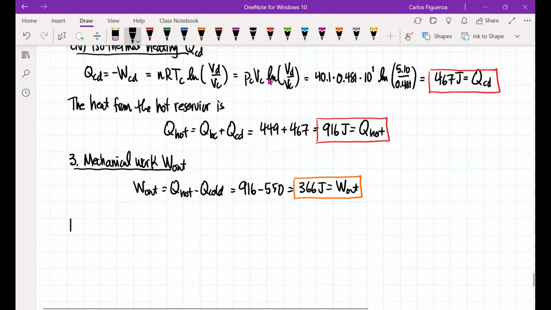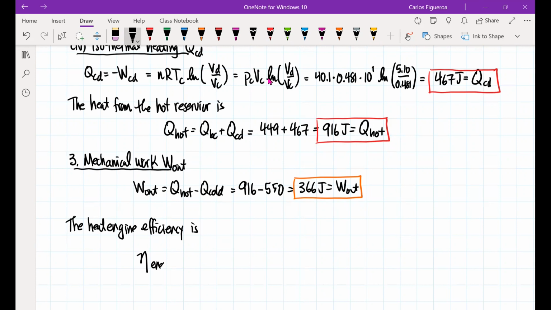So the heat engine efficiency is then going to be this. I could either write it as 1 minus Q cold over Q hot, but since I've already calculated the work, I can also do it this way.